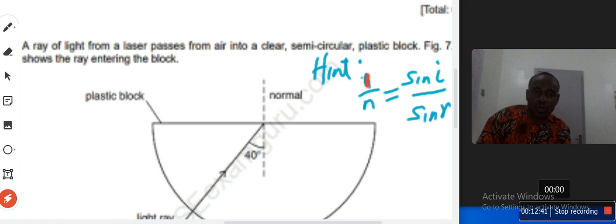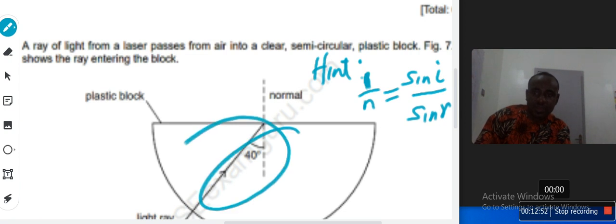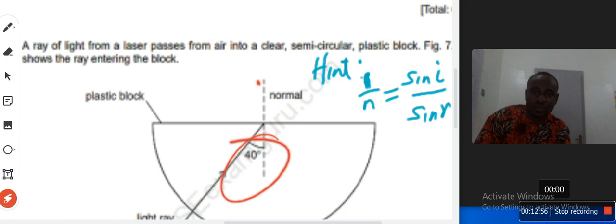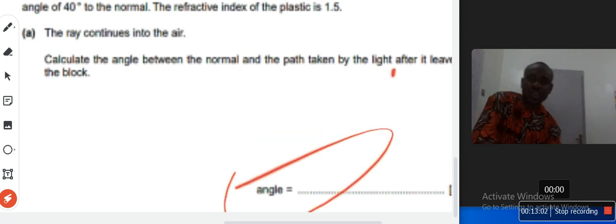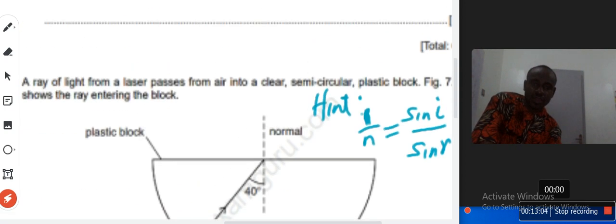The reason for using 1 over n is because it's moving from more dense, which is the plastic, into the air, which is less dense. Alright, that's what we do to get this particular angle, where the emergent ray forms with the normal.